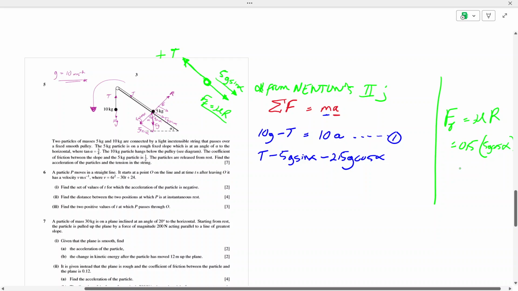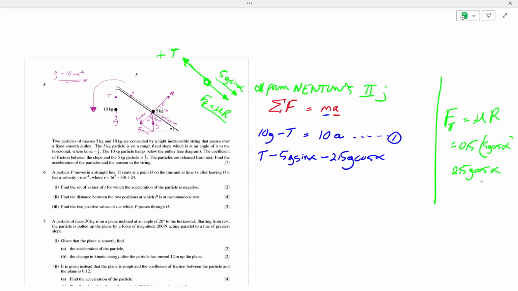When you multiply those, you just get 2.5g cos alpha, and that is what I put down there. All equal to 5a. That is equation 2. Right.